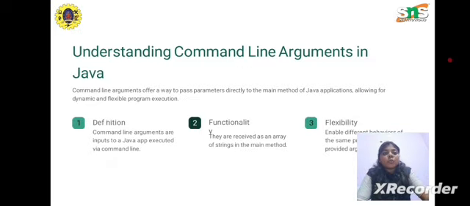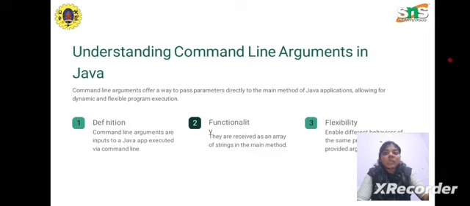So, what are the functionalities of command line arguments, and how do they work? First, when a program is being executed, the arguments entered are collected into an array of strings, as we saw in the previous videos. Second, inside the main method, we can access them using indexes.